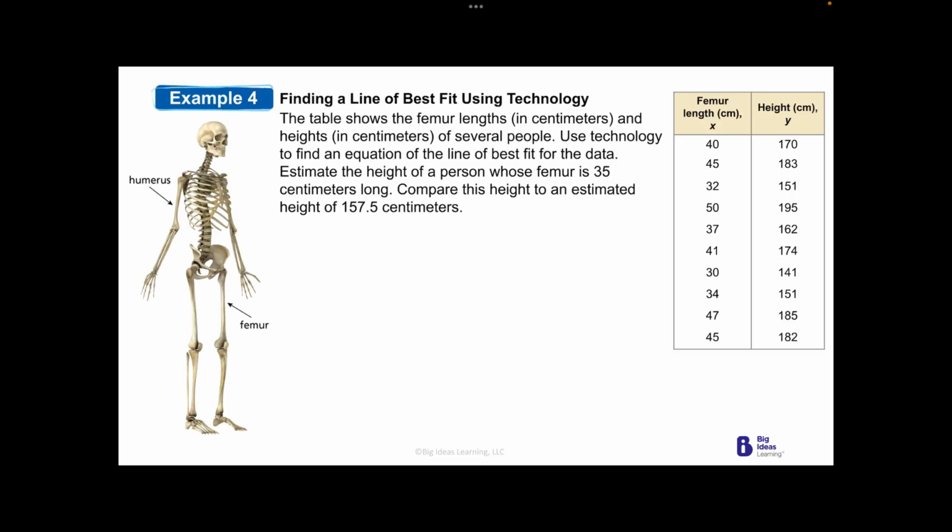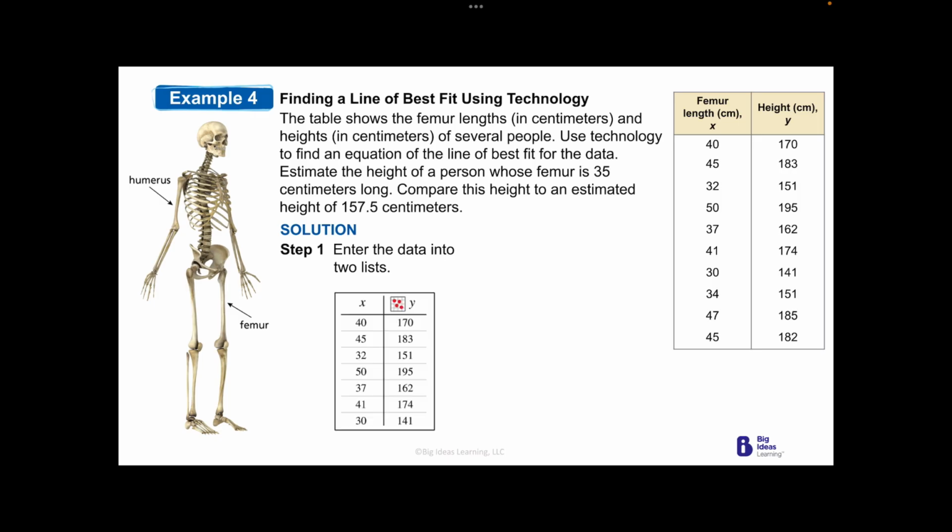All right, so it's the same steps, though. You are going to do the same exact steps for this, except you are now going to create the best line possible. So step 1, enter; this is using technology. The very first thing that you need to do is enter your data into your calculator.